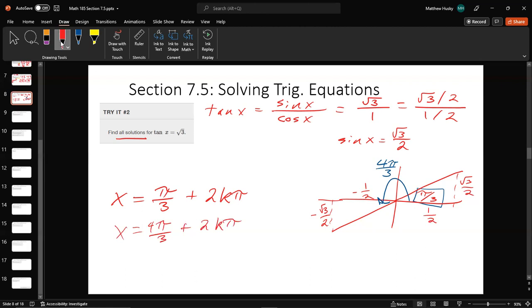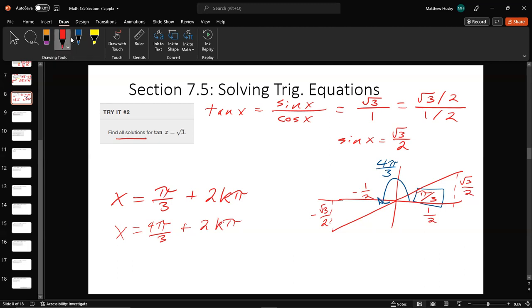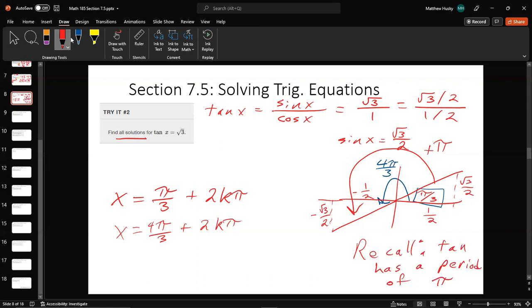Now, fun fact. This right here is plus pi. Recall that the period of tangent is pi. So tan has a period of pi. So it turns out that you can actually shorten this answer up.